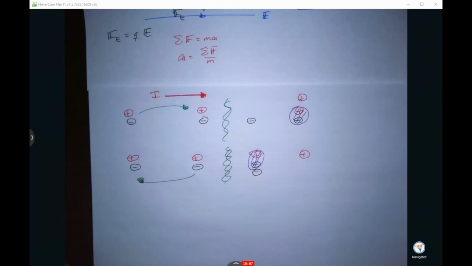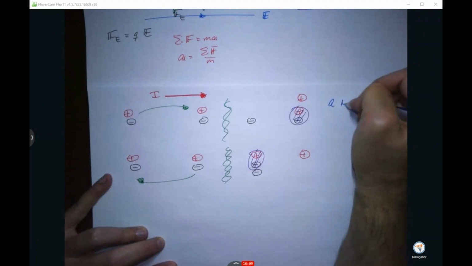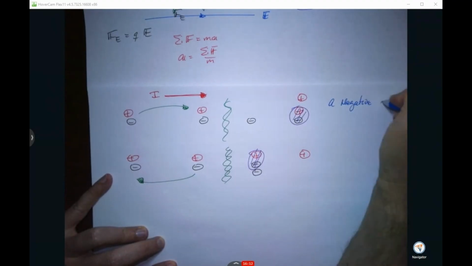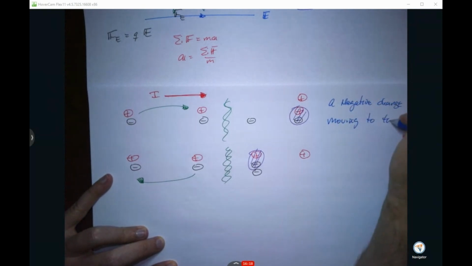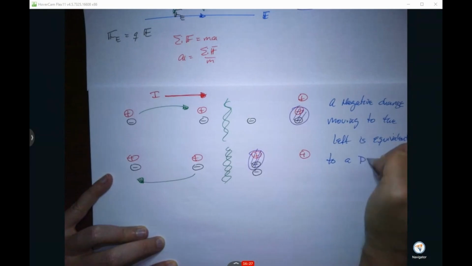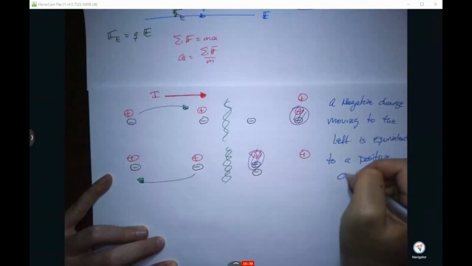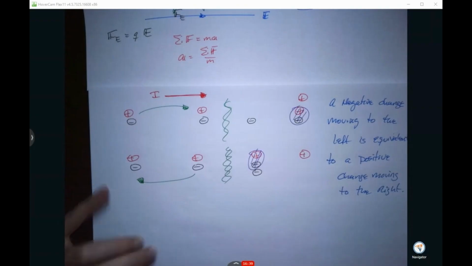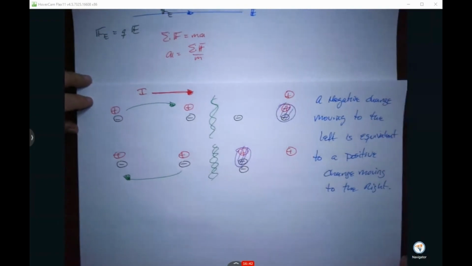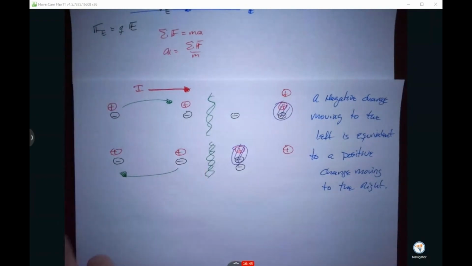So when you have negative charges moving, the conventional current just goes the other way from the motion of the negative charges.